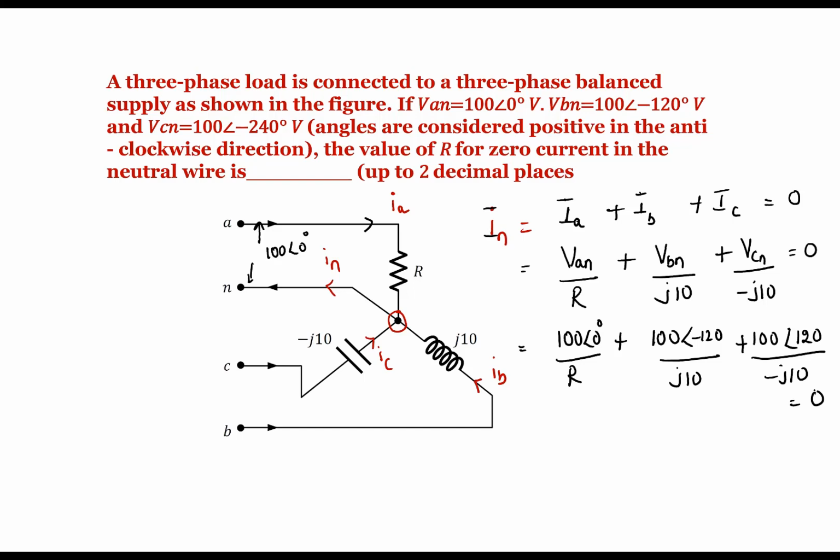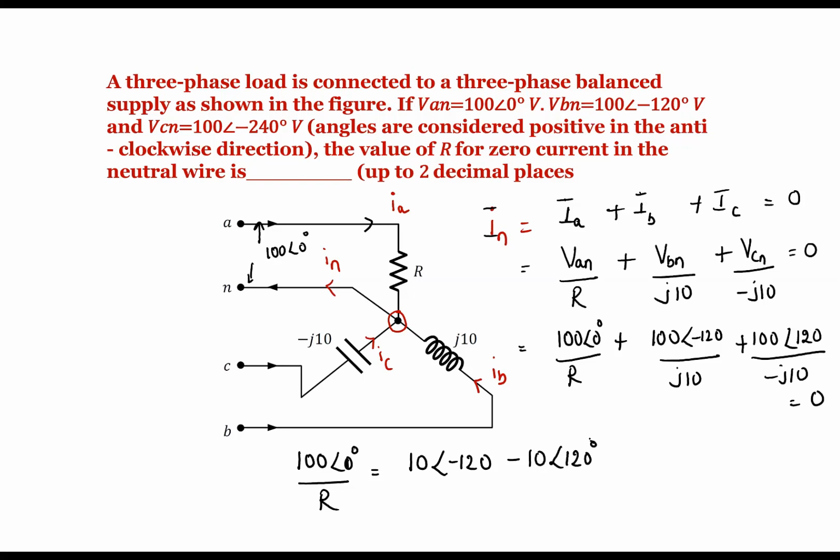So it will become 100 at an angle 0 divided by R is equal to, so J, if it goes to the top, it will become minus J, and again minus minus plus, so it will become 10 at an angle minus 120 minus 10 at an angle plus 120.